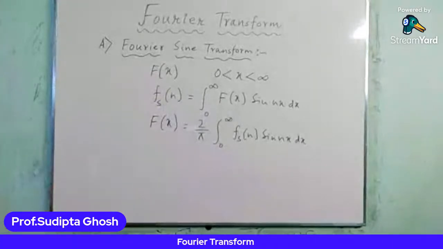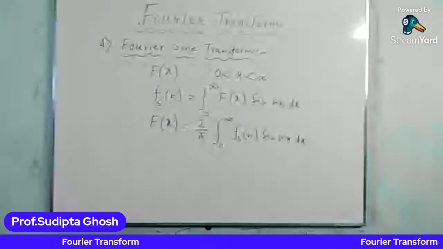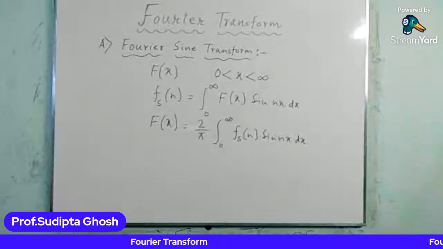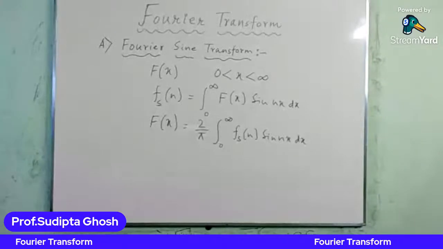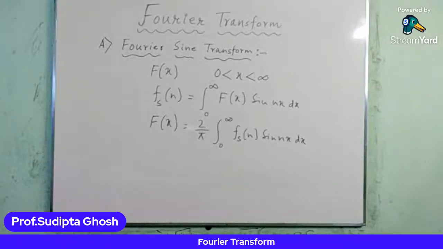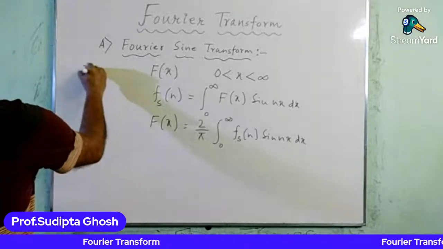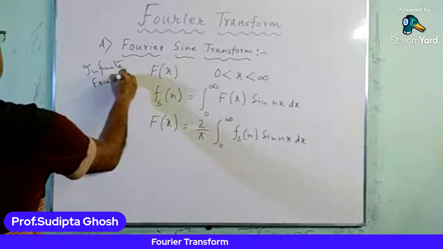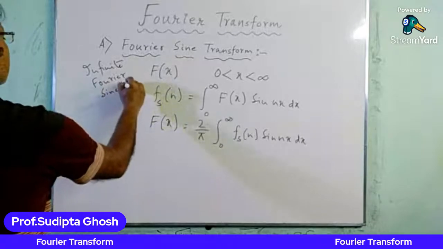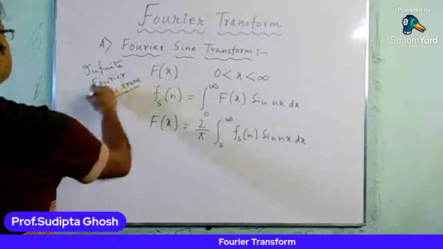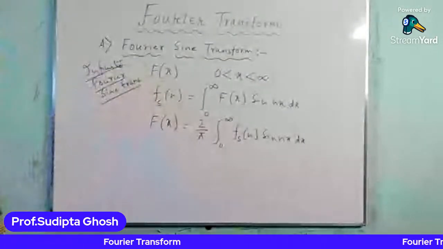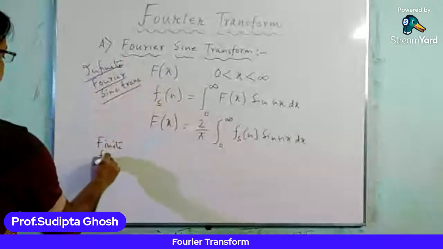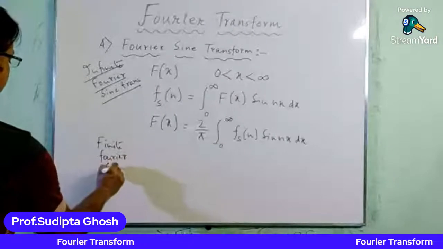Now let's move on to the finite Fourier sine transformation of a function f(x) such that x lies in a range 0 to L. So this was the infinite Fourier sine transformation, and now let's move on to the finite Fourier sine transformation.